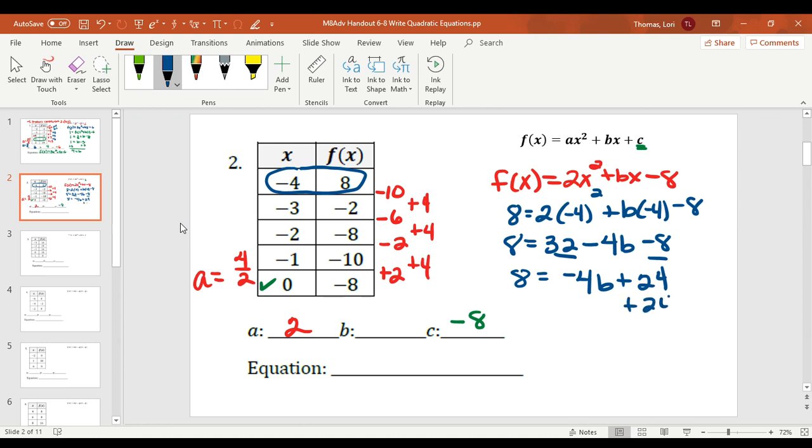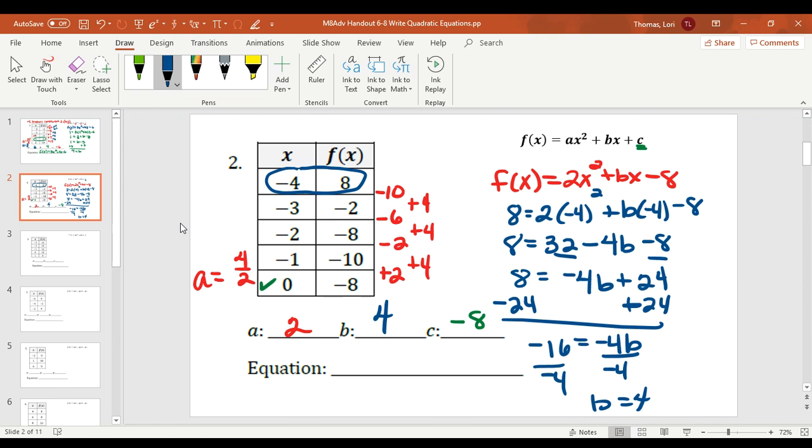Let's subtract 24. And that gives us -16 equals -4 times b. We're going to divide each side by -4. And my b value is +4. So now we can write the quadratic equation. 2x squared plus 4x minus 8.